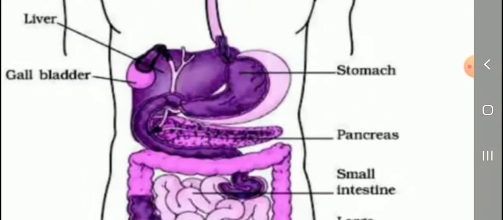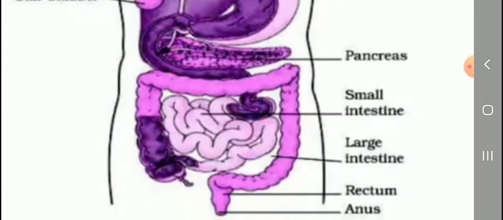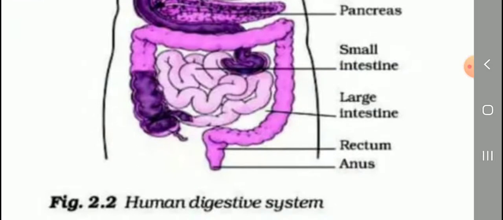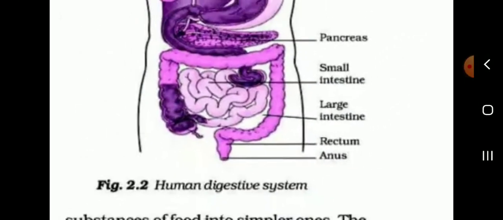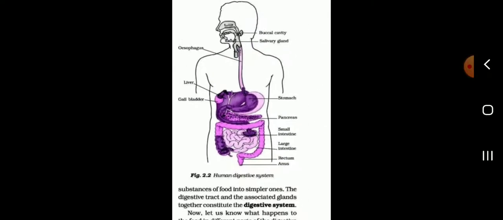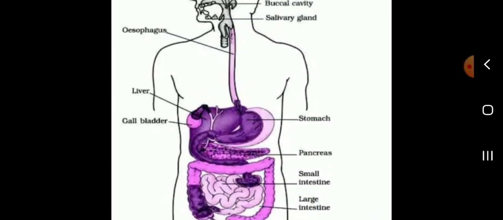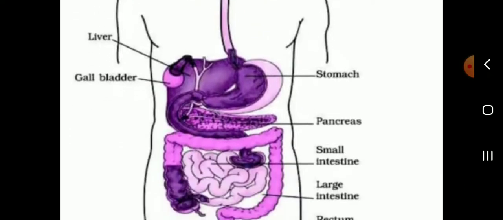This one is the stomach, this one is the pancreas, this one is the small intestine, large intestine, and this one is the rectum and anus. These are the parts of the human digestive system. So students, all of you practice this diagram in your rough note.